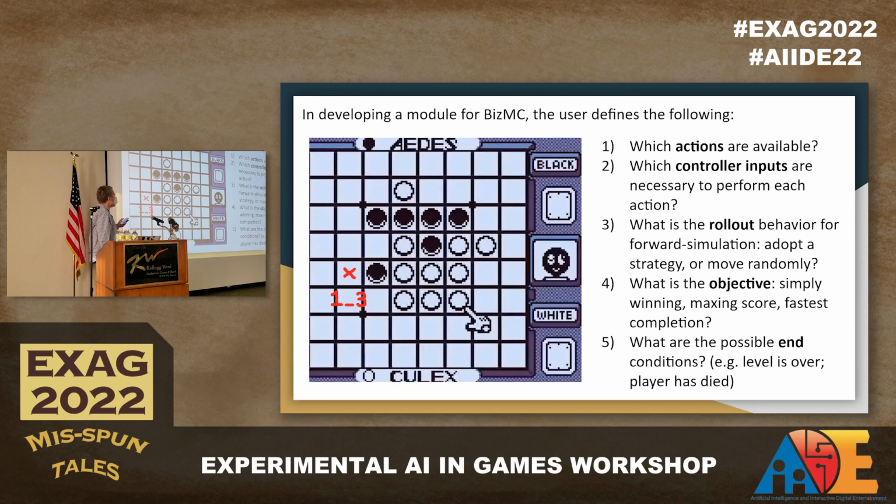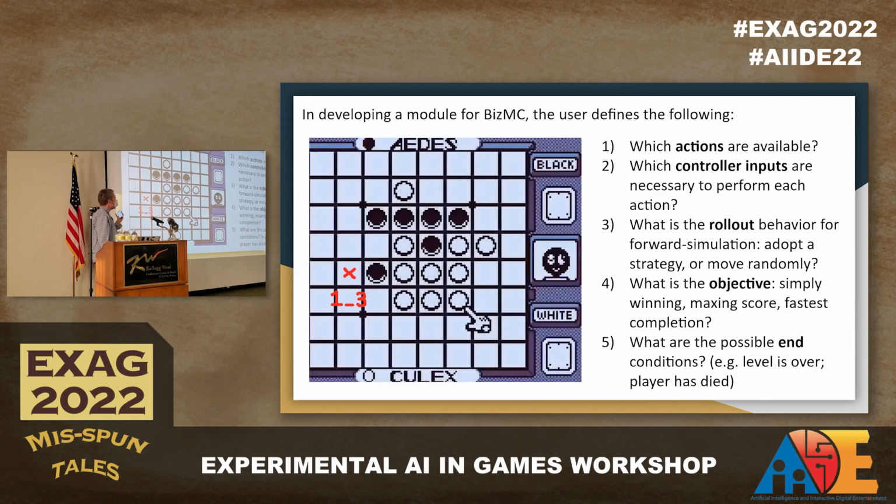And then third, what's the rollout behavior for forward simulation? By default, it will just be random moves in BizMC, but obviously you can define something a little more sophisticated, like a simple greedy approach where you choose the move that gets you the most tiles. And then what's the objective?